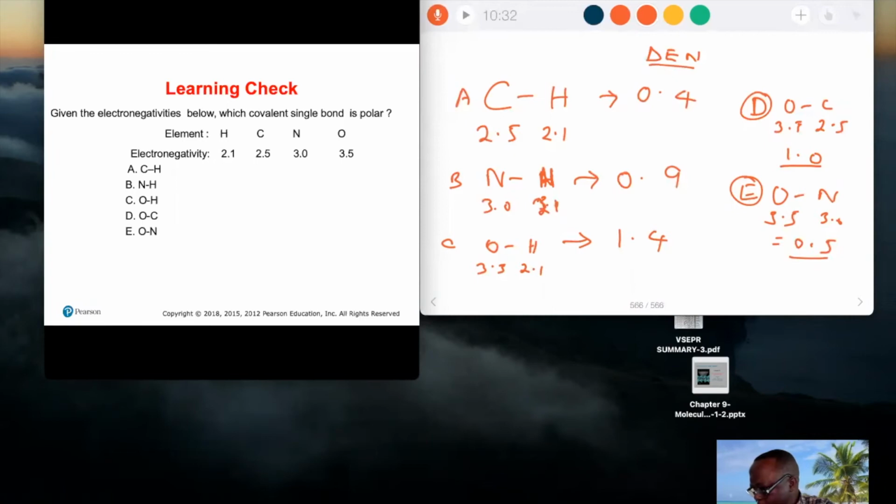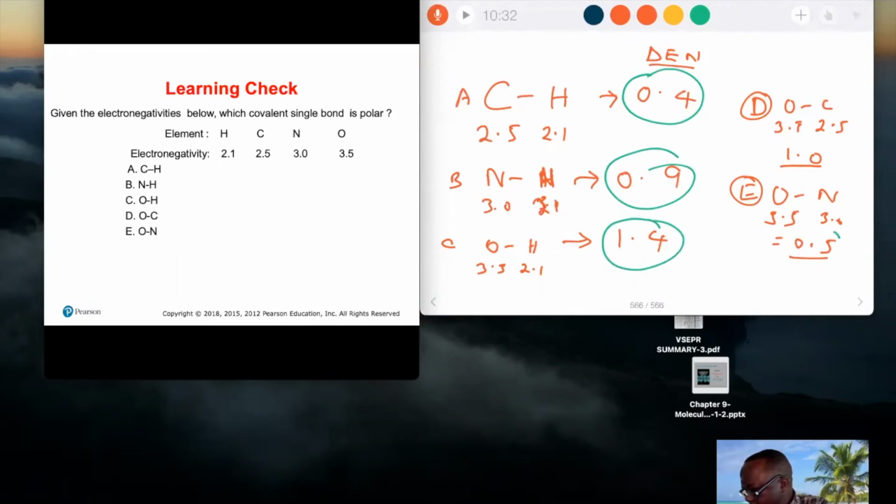I'm comparing these values right here, and based on this, this is non-polar.